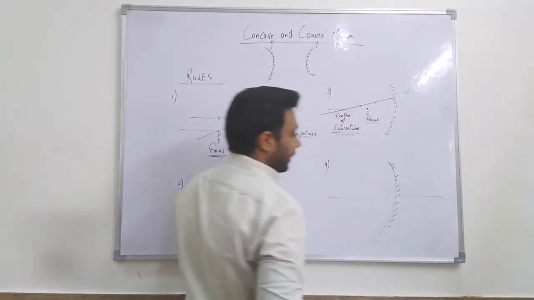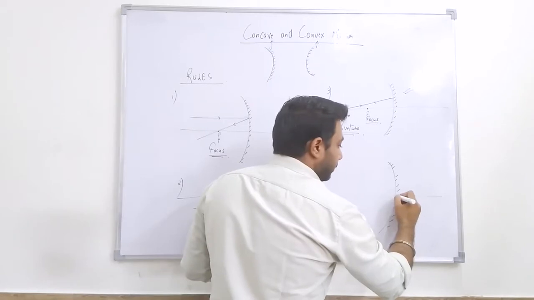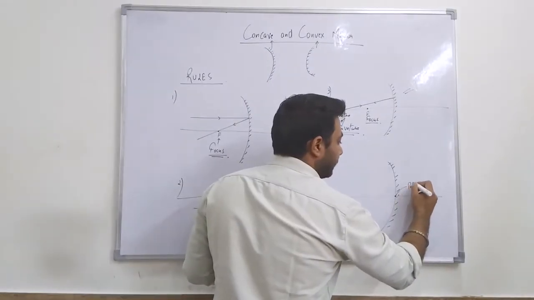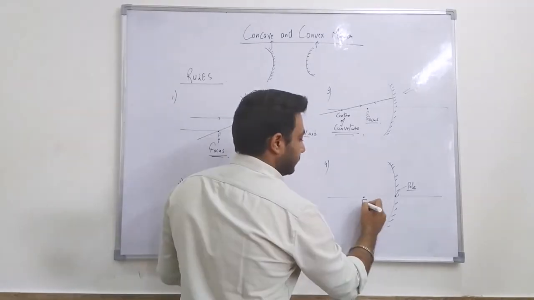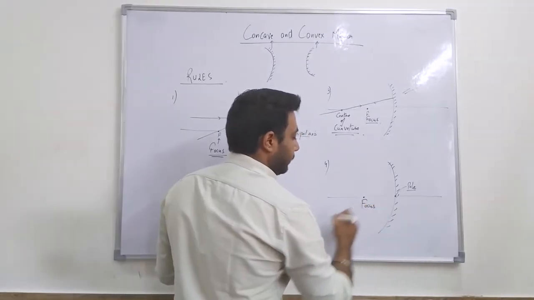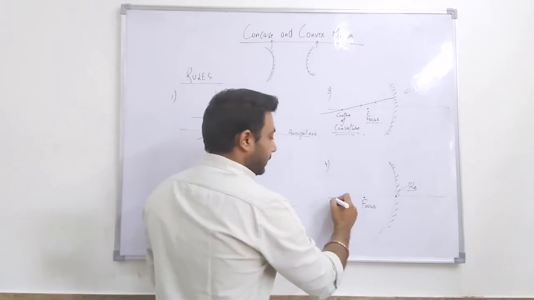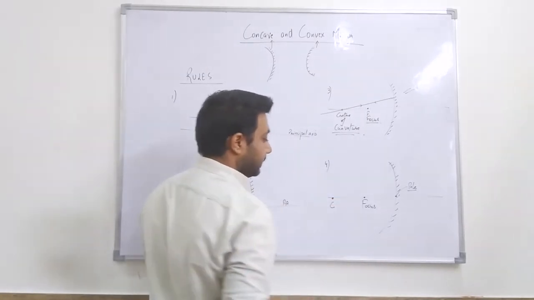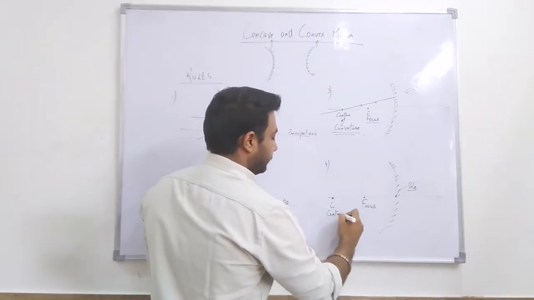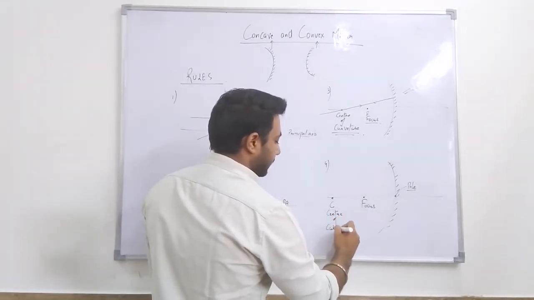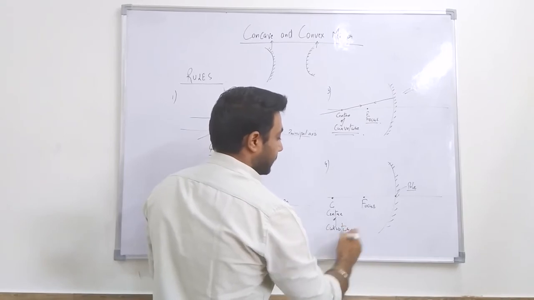Okay. Then the last one, the fourth rule. If this is a concave mirror, this point is called the pole. You already know this point, it is the focus. This point you already know, that is the center of curvature. Okay.